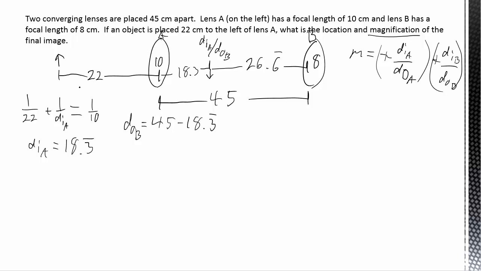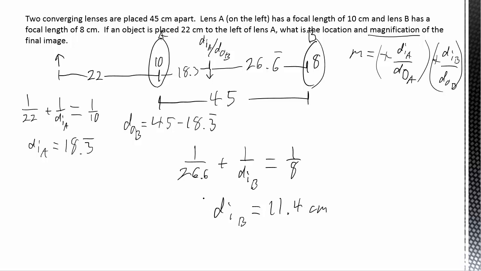And then I can plug into the same lens equation, but now dealing with lens B. So I've got 1 over 26.6 plus 1 over the image distance from lens B equals 1 over the focal length of lens B. Do a bit of algebra, and I get the location of the final image is 11.4 centimeters from lens B. This did come out to be positive, which means that my image is over here somewhere, 11 centimeters from this lens.